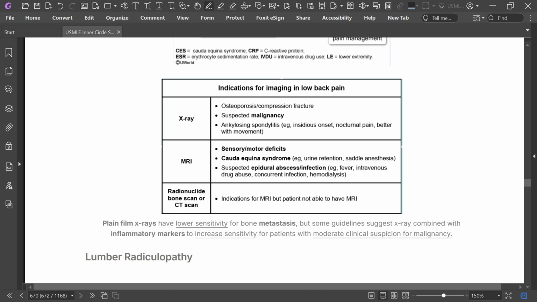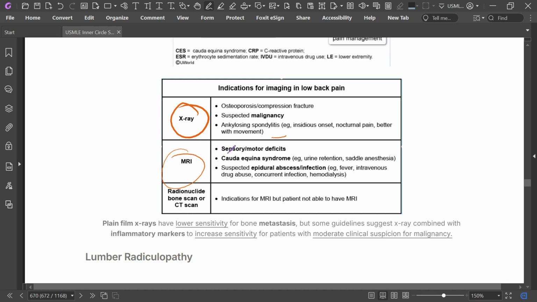Okay. Now, imaging for low back pain. When will we do imaging in low back pain? X-ray for osteoporosis or compression fracture, if there is suspected malignancy, or if it is ankylosing spondylitis.